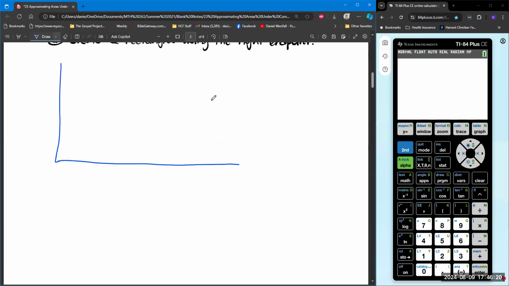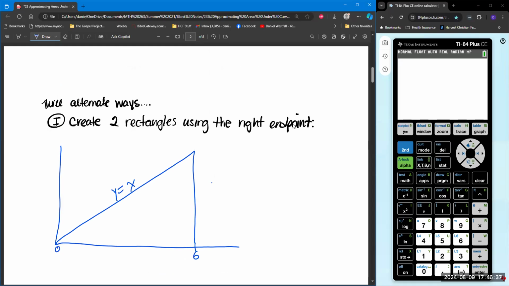If I used the right endpoints, let's draw this function again: y equals x from 0 to 6. I want 2 rectangles, so I'm looking at a width of 6 that I want to cut into 2. So my delta x is going to be 3.